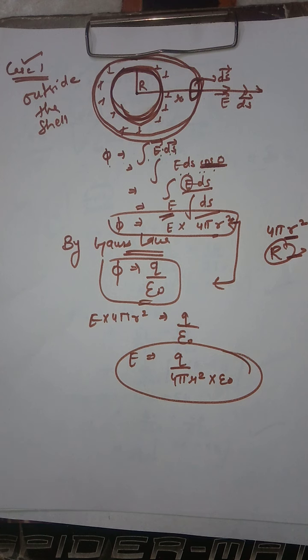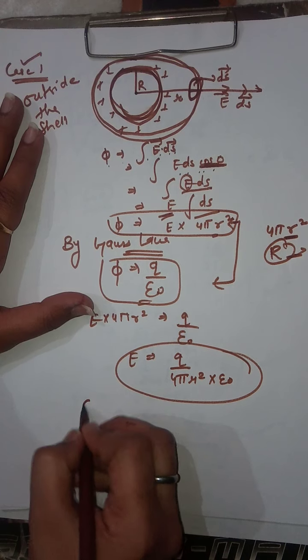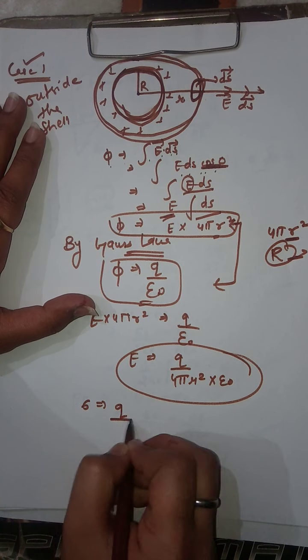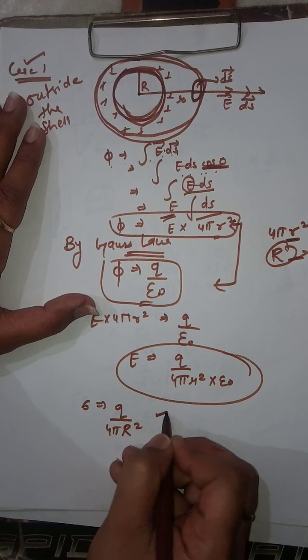And when we started this article, we took sigma equal to Q by 4 pi R square.